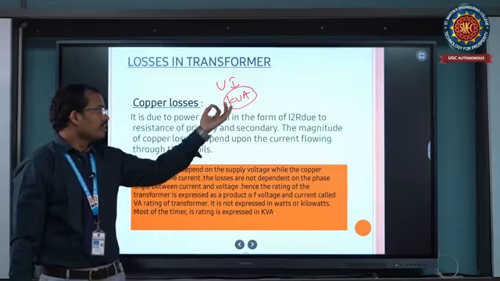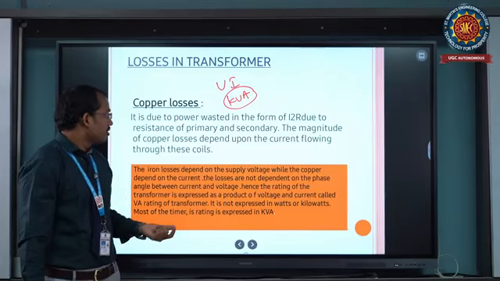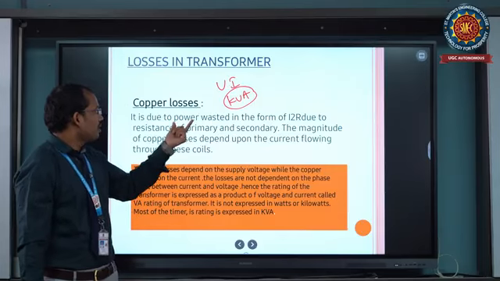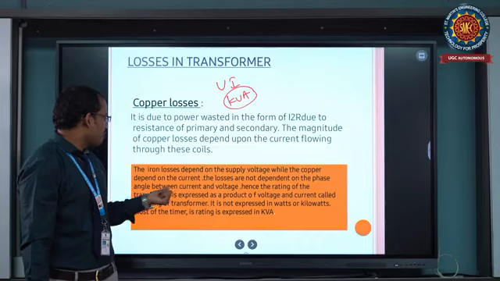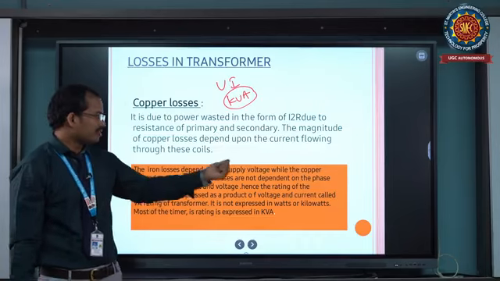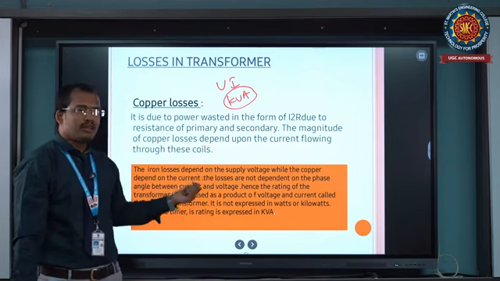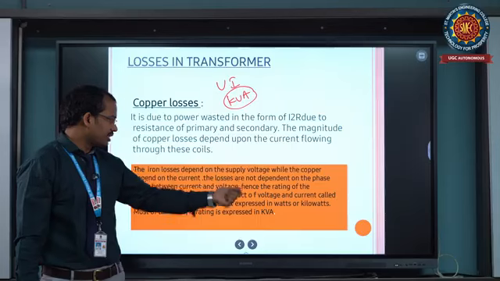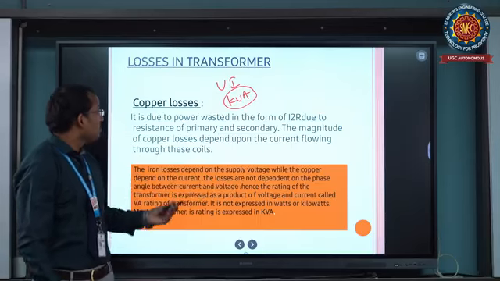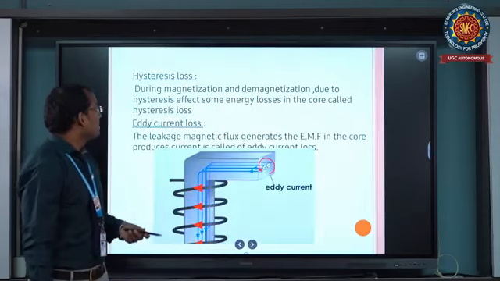We use it as a representation of the capacity of the transformers. So this is the losses of the transformer. Copper losses occur due to current in primary to secondary, and iron losses occur due to voltage level, primary voltage to secondary voltage levels. So these are the copper losses and iron losses of the transformer.